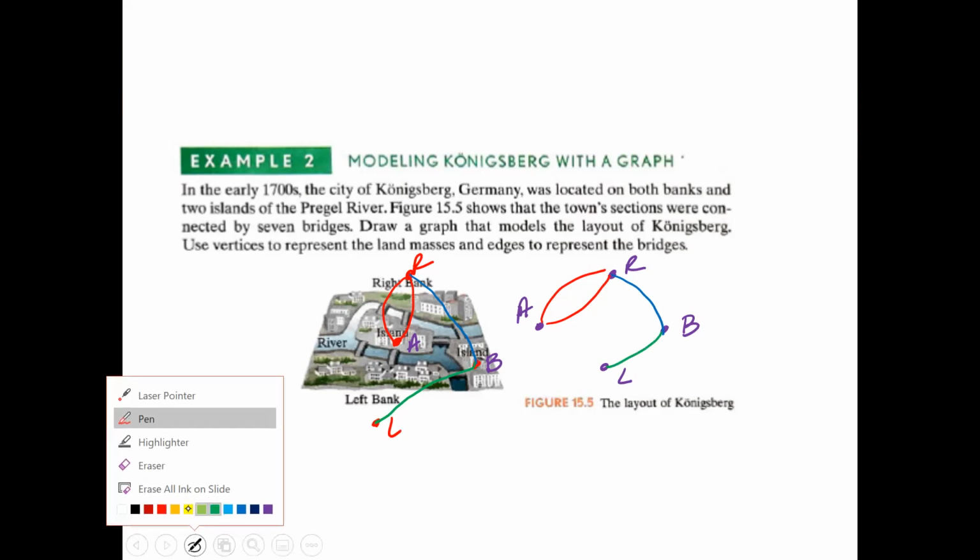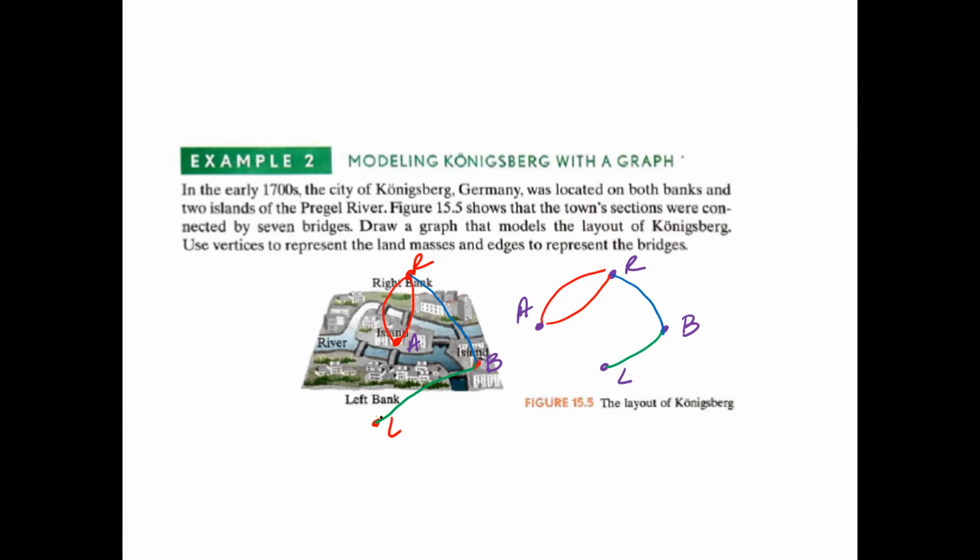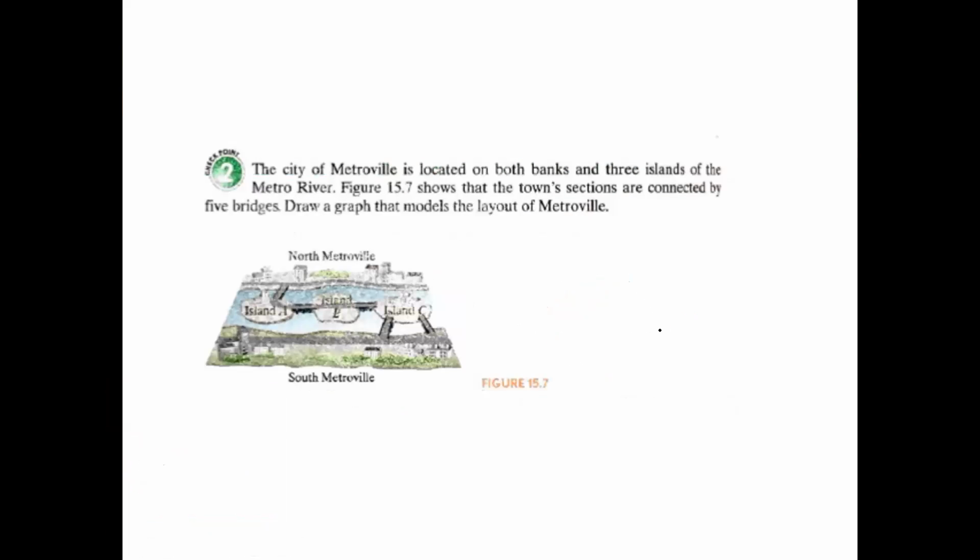And then if I want to go from L to A, I have right here and I have right here. So there's 2. And there is your path. And then of course, if I want to go from A to B, I can go through like this. And that is my map. Now that I did this one, I want you guys to give this one a try on your own.